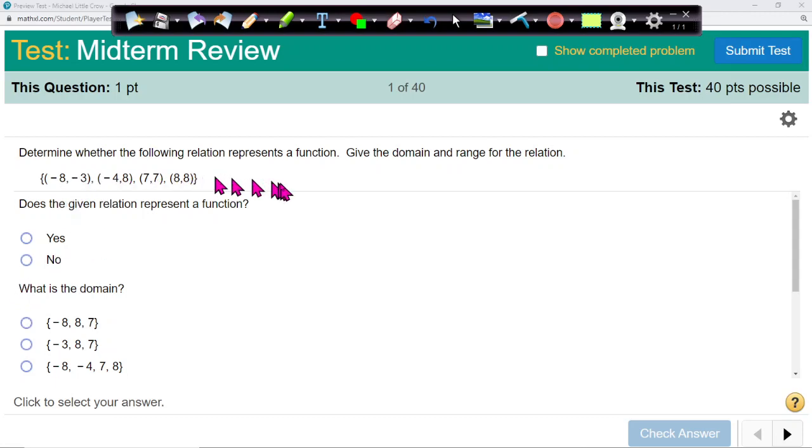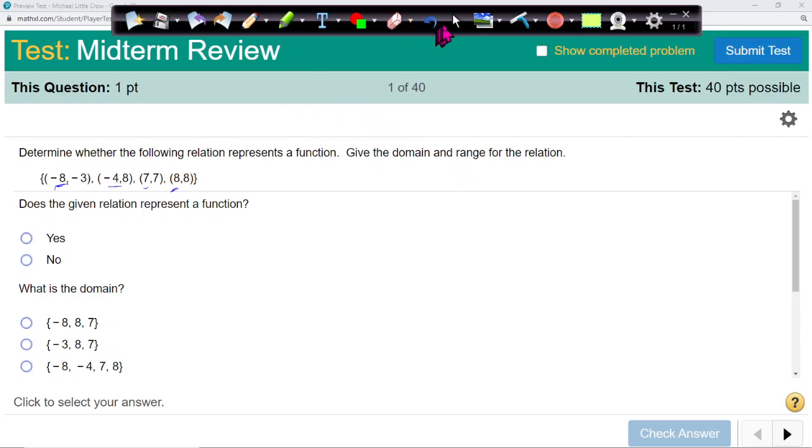It's asking whether this listing of points represents a function. And again, to determine a function, what we look for is that each input has one output. So we look at the inputs, all the x values, and it turns out they're all different. So they are guaranteed, since each input is different, they each have their own output.